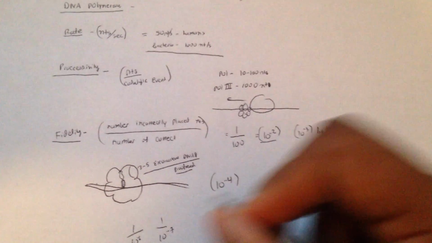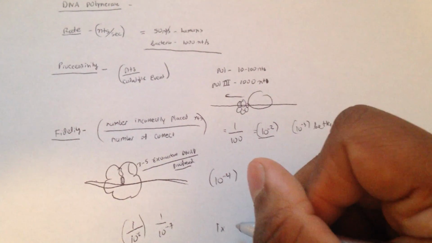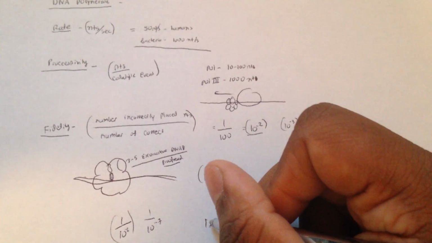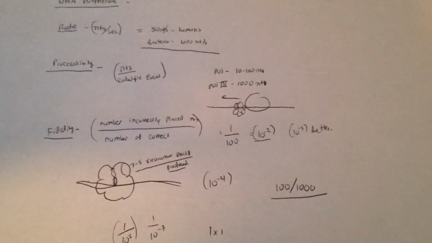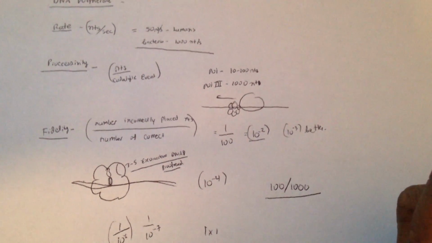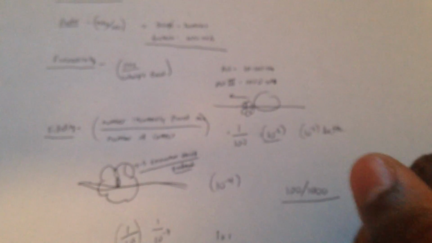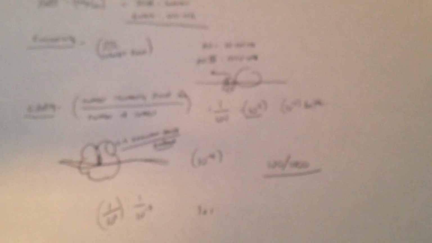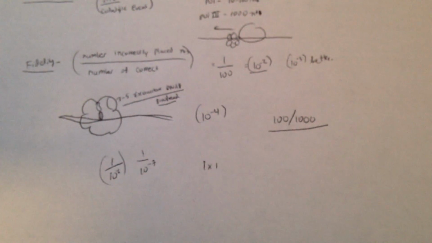That's amazing. That's 1 out of a million, and 10 to the minus 7, 1 out of 10 million. And we all know that there's 3 billion base pairs. So that's still a sizable amount of errors, but nothing that's too horrible.